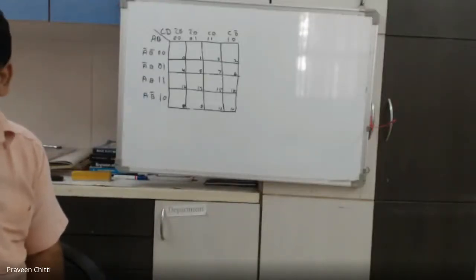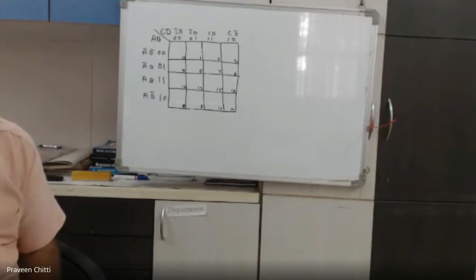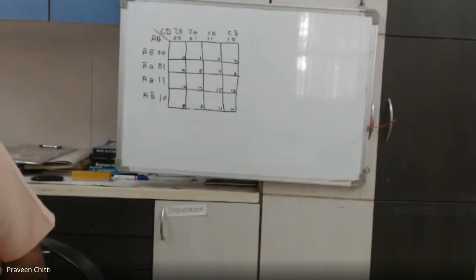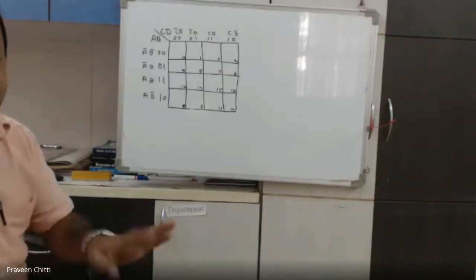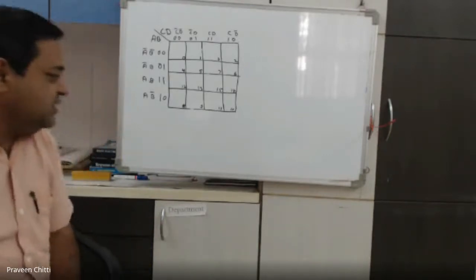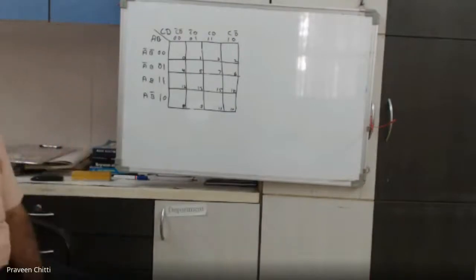So any difficulty in these K-maps which you have studied, like 2 variable, 3 variable, and 4 variable? Right? Now we'll see how to do the simplification.